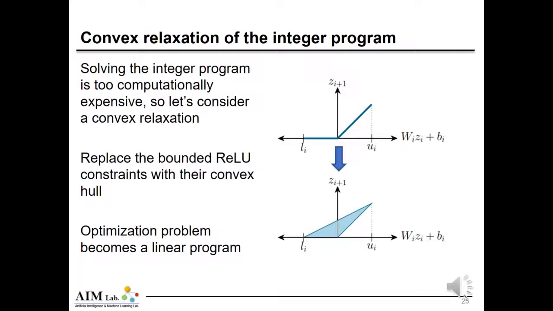Now what we can do instead is replace the non-convex set with its convex relaxation, which means that the next layer and the previous layer don't lie on the ReLU anymore. They now lie within some relaxed linear set.